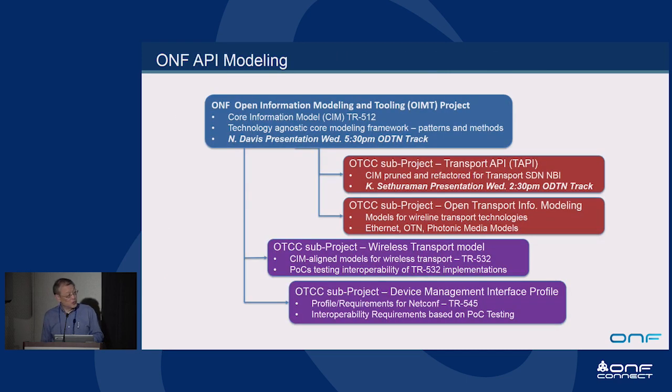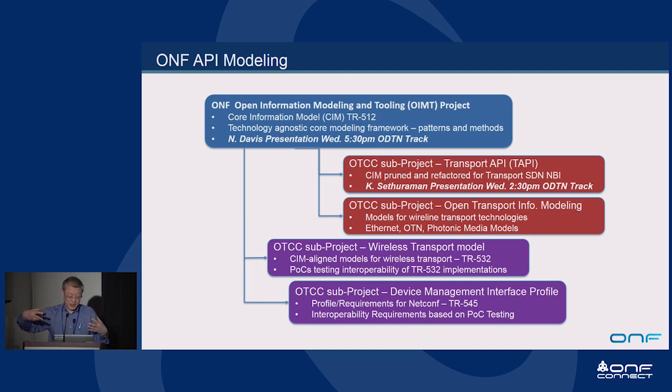So to give you a real overall perspective, this is all tied in with an activity in the Open Information Modeling and Tooling Project, or OIMT, where they had been working on something called the Core Information Model, and that's ONF TR512. But this is a technology agnostic, very high level modeling framework that gives you a set of patterns and methods.